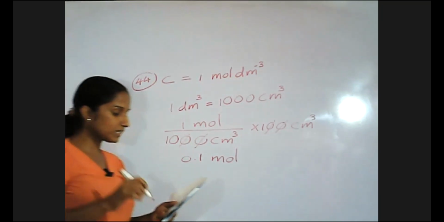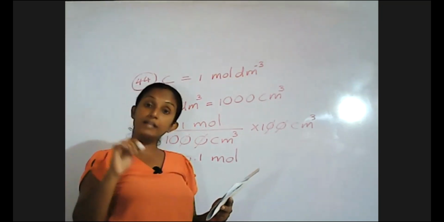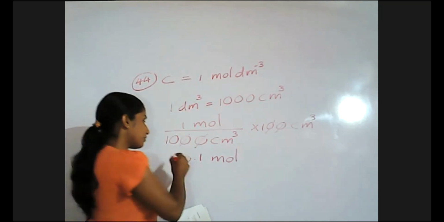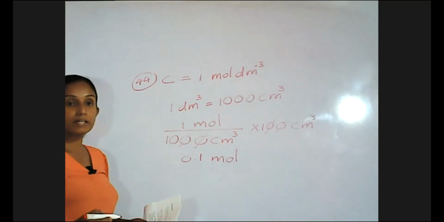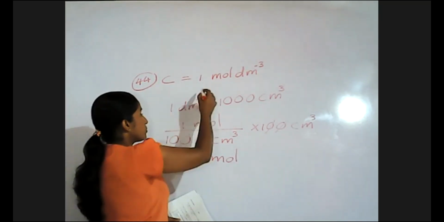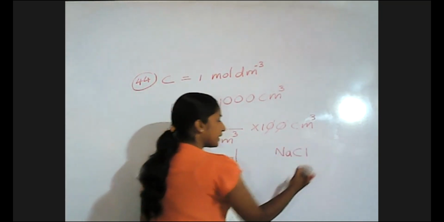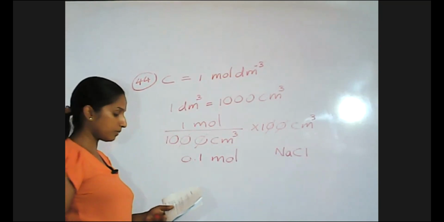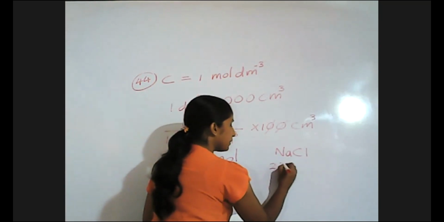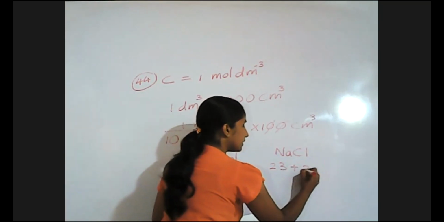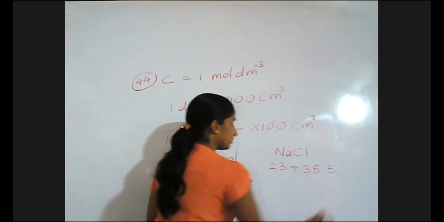What is the question? How much is the mass of sodium chloride? Then we have to convert this into mass. So before that, we have to calculate the relative molecular mass of sodium chloride. 23 plus 35.5.